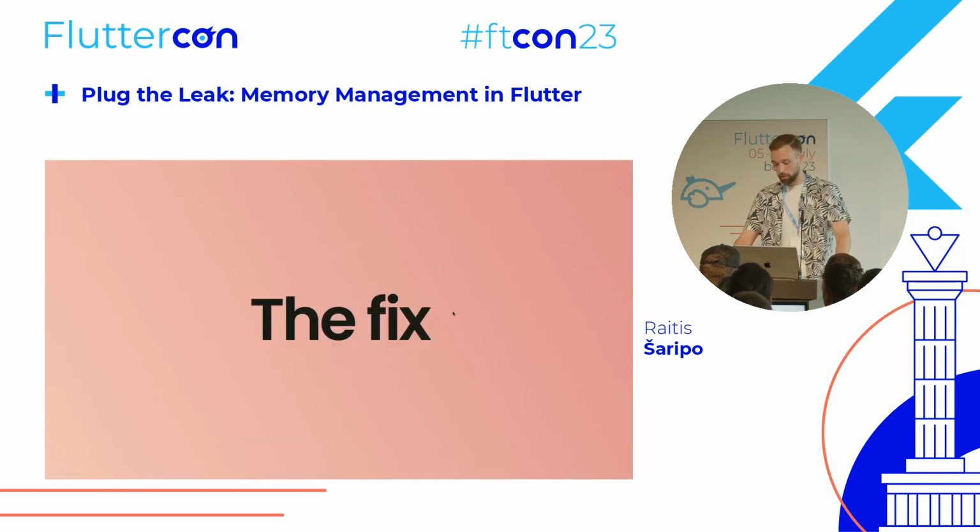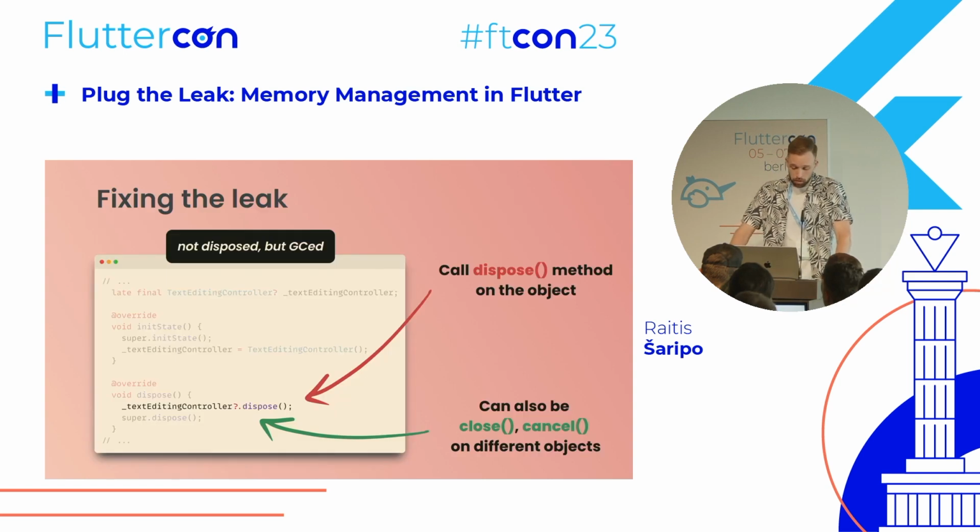All right, the fix for the commonly tracked leak types is fairly simple if you have successfully located the source of the leak. For objects that were not disposed, all you need to do is call the dispose method on the object, for example in the StatefulWidget's dispose method.